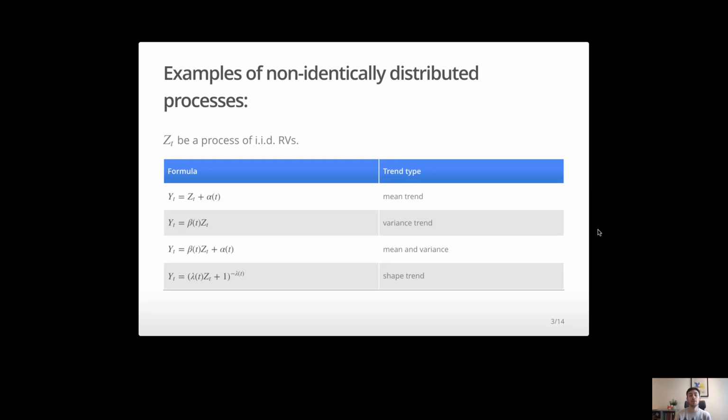We're not necessarily limited to the first two moments of the distribution that are changing over time in this type of model. What we can do is allow the shape of the distribution to change over time using this function lambda of t and applying a Box-Cox transformation to our sequence of IID random variables.